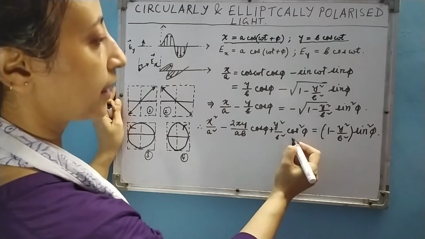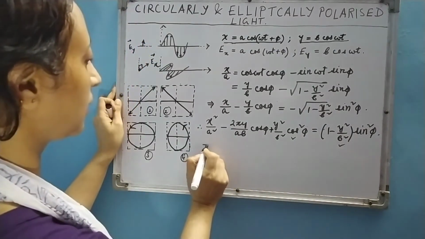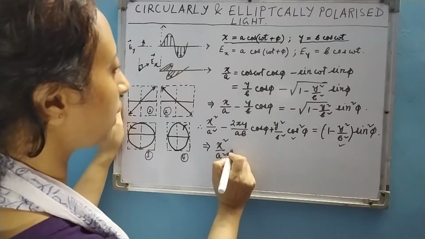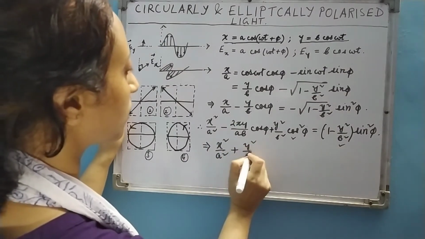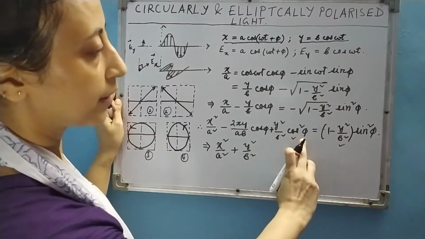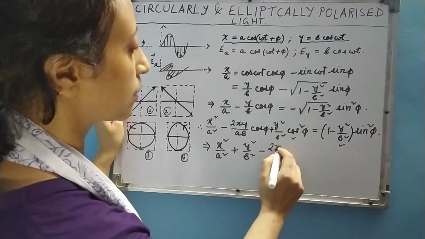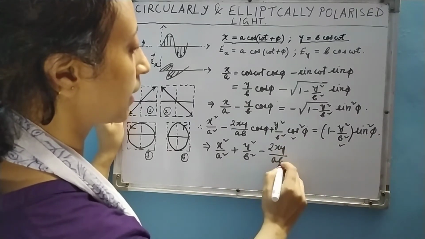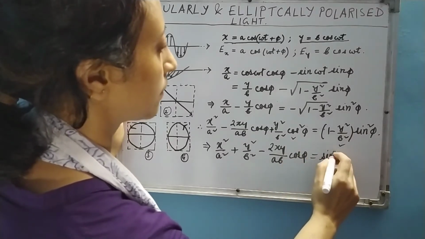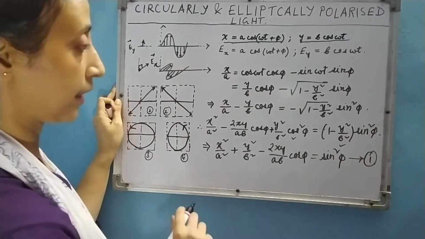So if you combine this term and this term and bring it to the left hand side, it will be x square by a square plus y square by b square, because y square by b square is common, within bracket cos square phi plus sin square phi will give you 1, minus twice xy by ab cos phi is equal to sin square phi. Call it equation number 1.